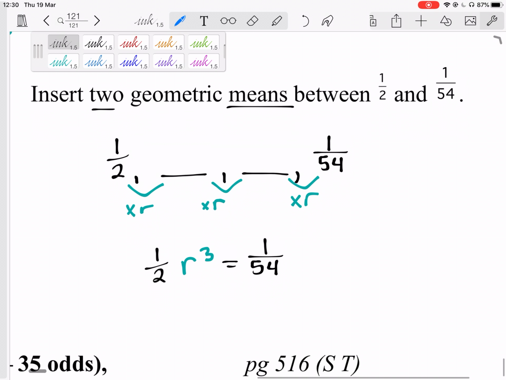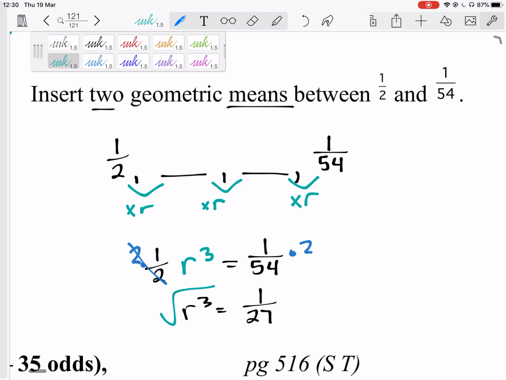So here we would have had to multiply by r 3 times, so r cubed, in order to get the 1/54th. So in order to kill my fraction, as I like to say with my students, I'm going to multiply by a 2 to get rid of that 1/2. So then I end up with r cubed is equal to 1/27, which is really nice because I know I'm going to have to take a cubed root.